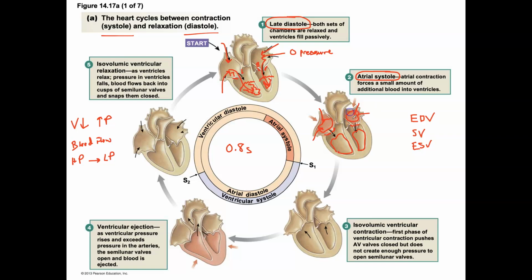Now, the atrial chambers are not going to fill the ventricles. They're going to add blood to the ventricles. We already know that, let's say, the ventricles are essentially about 80% full. We already know that blood has entered into the ventricles. What atrial systole is going to do, the contraction of the atria, is maximize the filling of the ventricles.